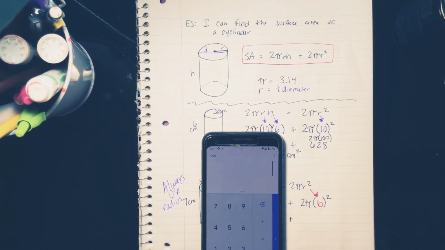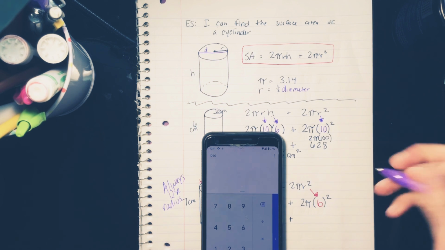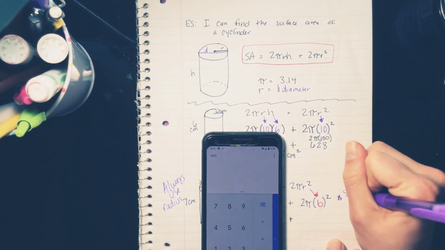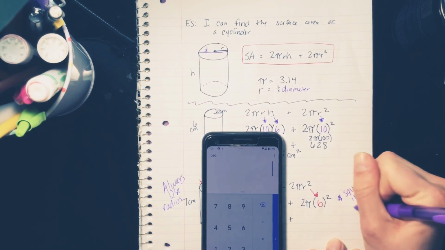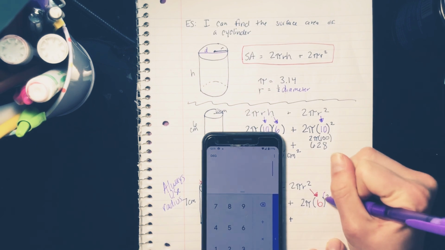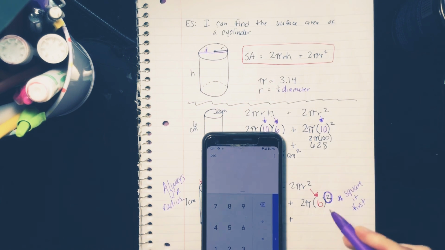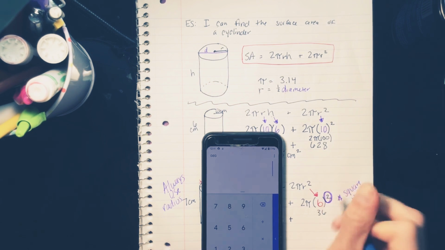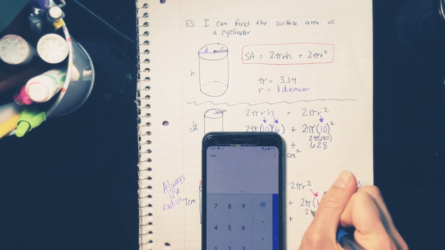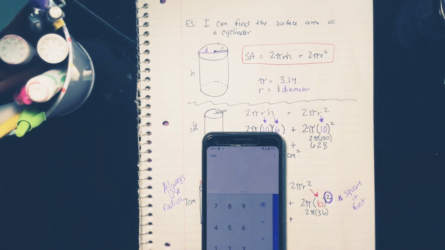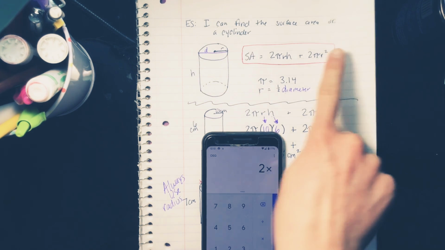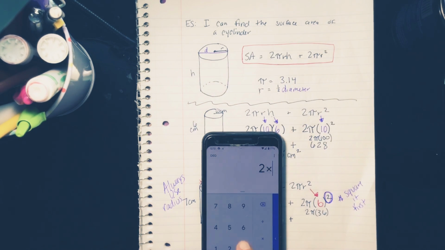Then we look at our second part. Remember, we square first. I'm going to put a little note here: square it first. So 6 squared, or 6 times 6, is 36. And then you have 2 pi times 36. So 2 times pi, which is 3.14, times 36.